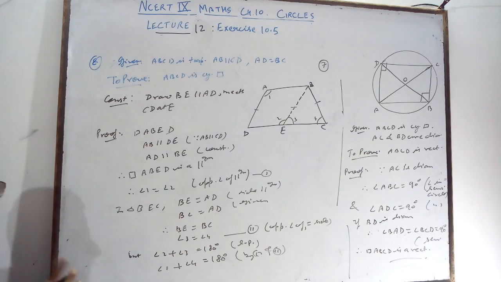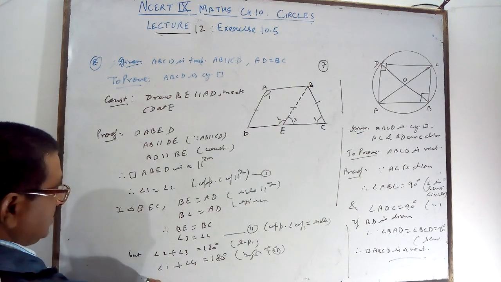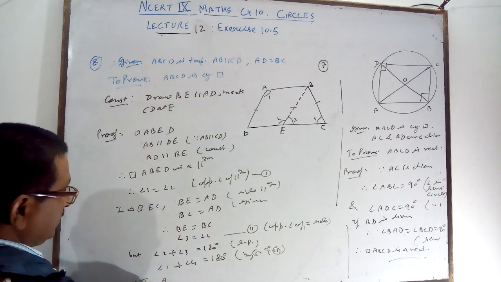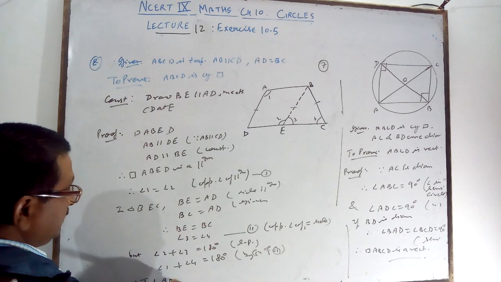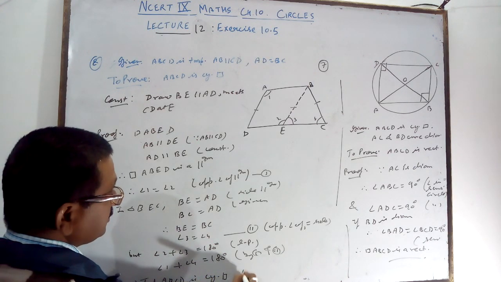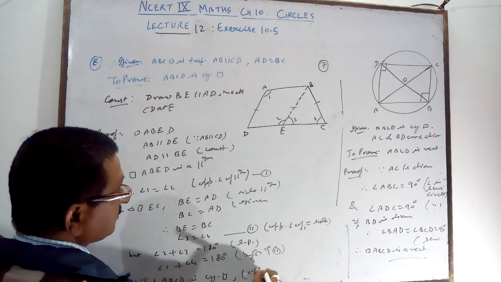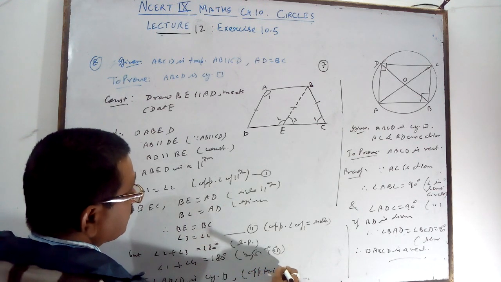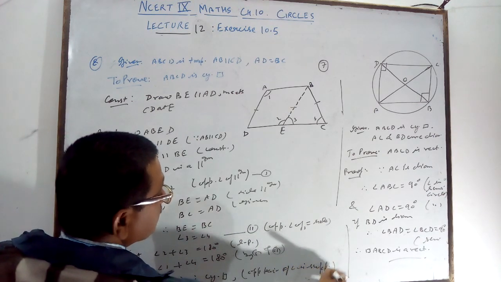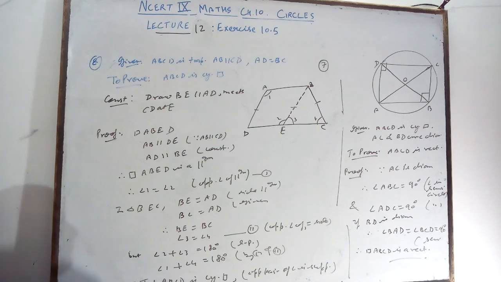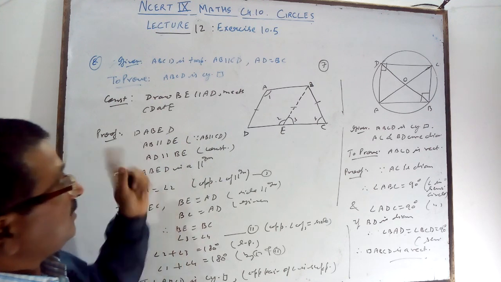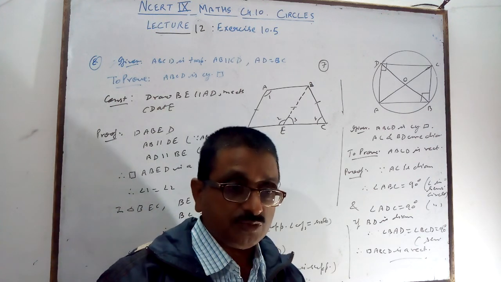Opposite angle sum is supplementary, therefore trapezium ABCD is a cyclic quadrilateral because the opposite pair of angles is supplementary. Hence proved. A very simple one-line question and you get this type of proof.